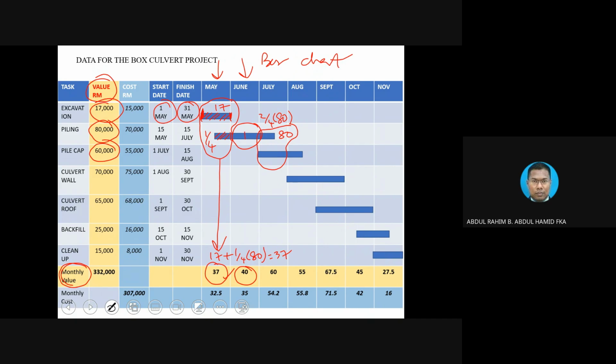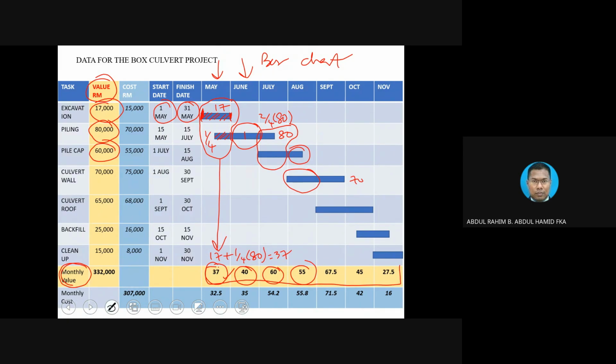And for August, half of the bar for 70 here, half of 70 will be 35, but then a certain portion of this, 1/3 of 60. So I get 55. When I do that, you notice I will get all the distribution.